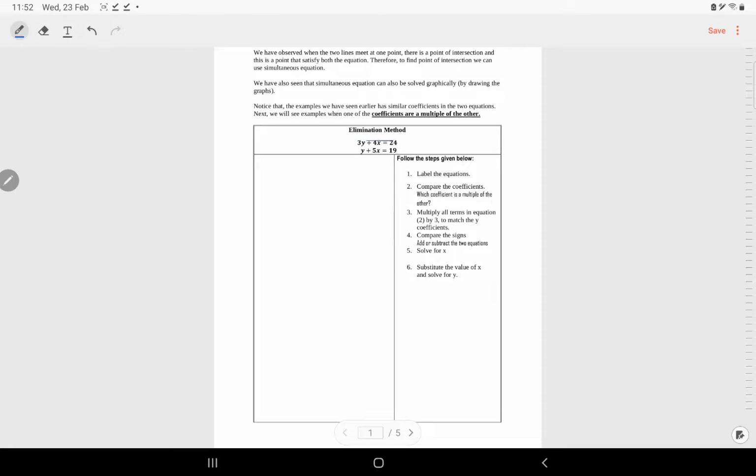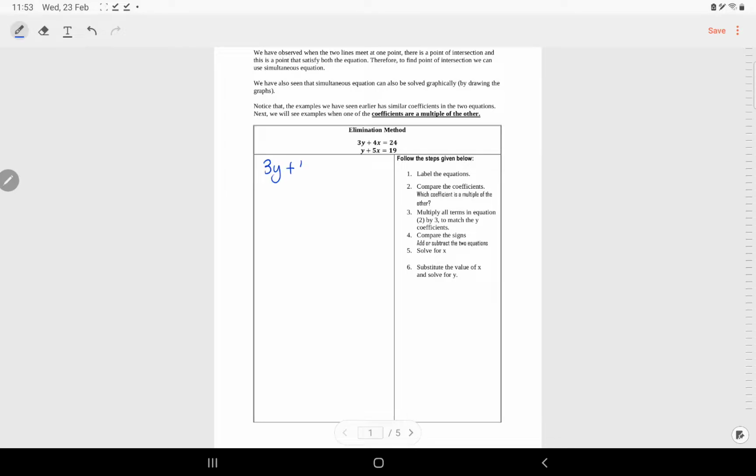It's y. 3y is basically 3 times y. So let's start by first labeling the equations.